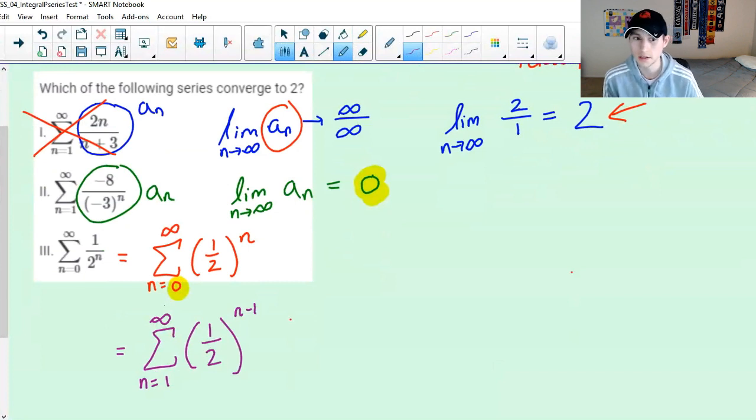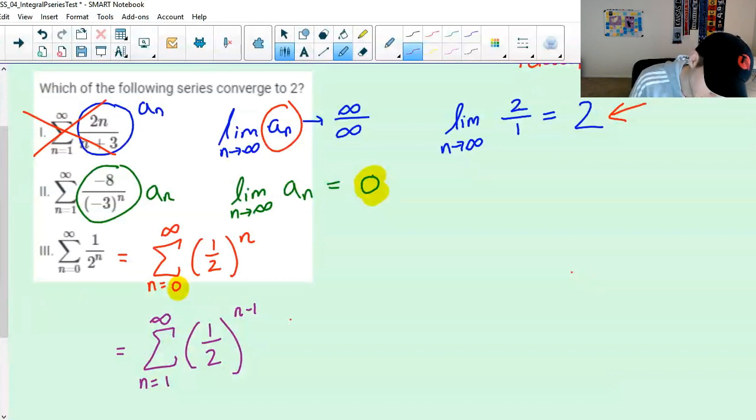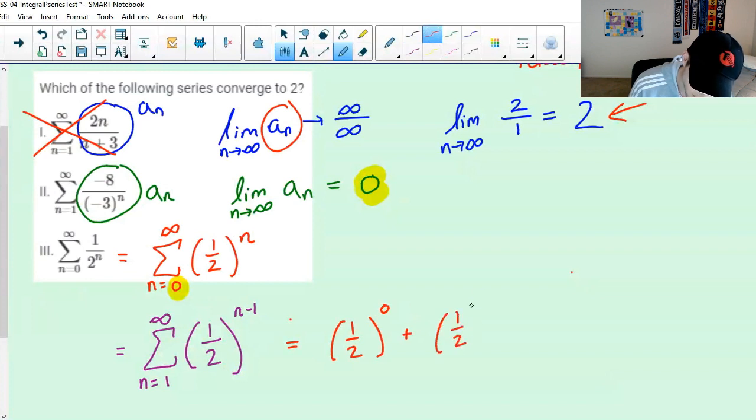The original series wants me to plug in 0 first, so I can just rewrite it like this so that it goes from 1 to infinity, and the first number I still plug in will be 0. So (1/2)^(n-1): 1 minus 1 is 0, and then plus (1/2)^(2-1), and then etc., etc.